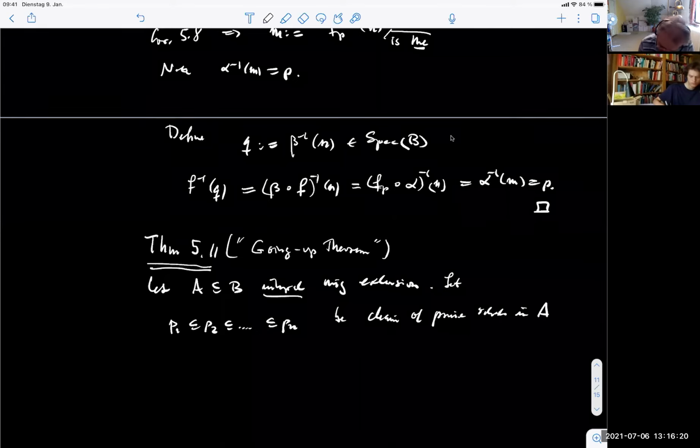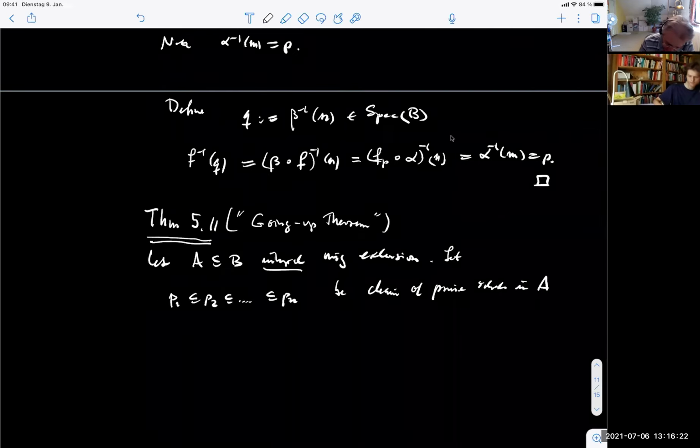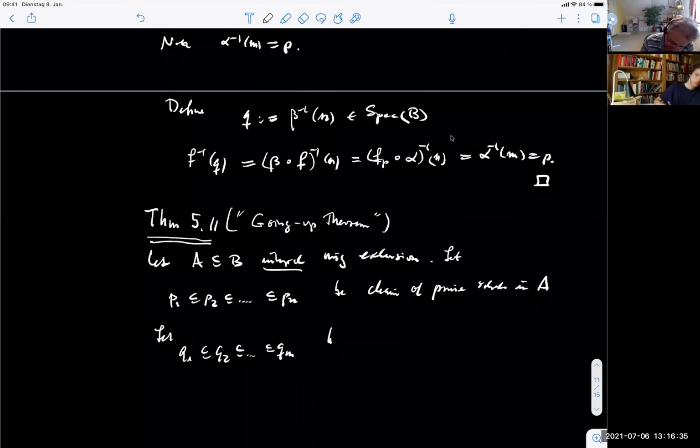Okay, and then I have a shorter chain of prime ideals in B, which is compatible. So this only goes up to m. Okay, m is smaller than n.